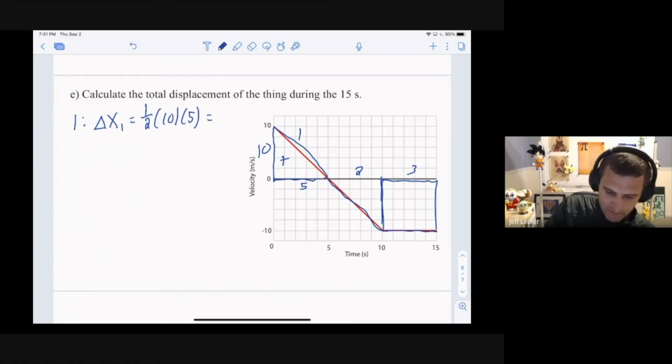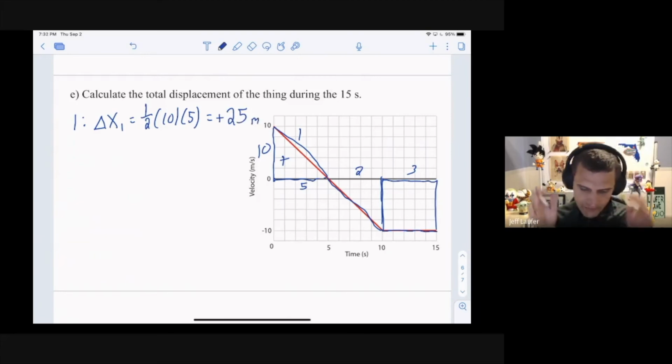And that's going to be positive 1/2 times 10 times 5. So 5 times 5 is 25. So that means after 5 seconds, the object being graphed here has gone in the positive direction for 25 meters.